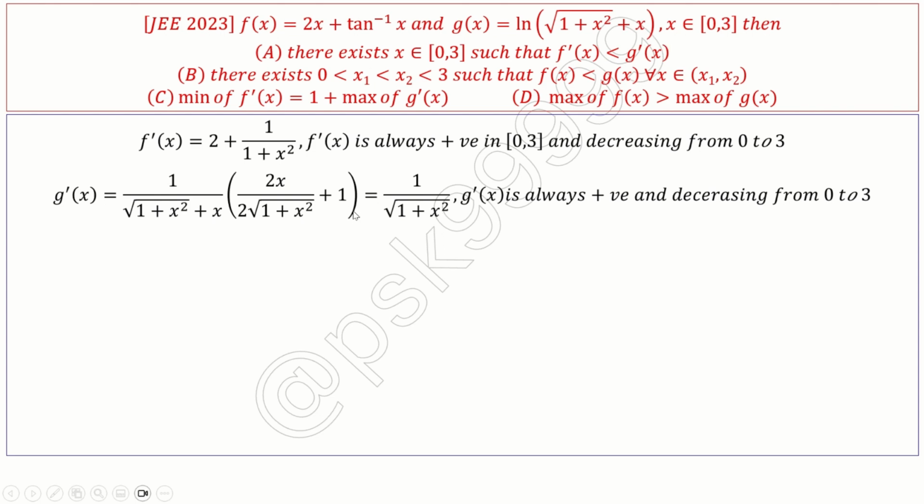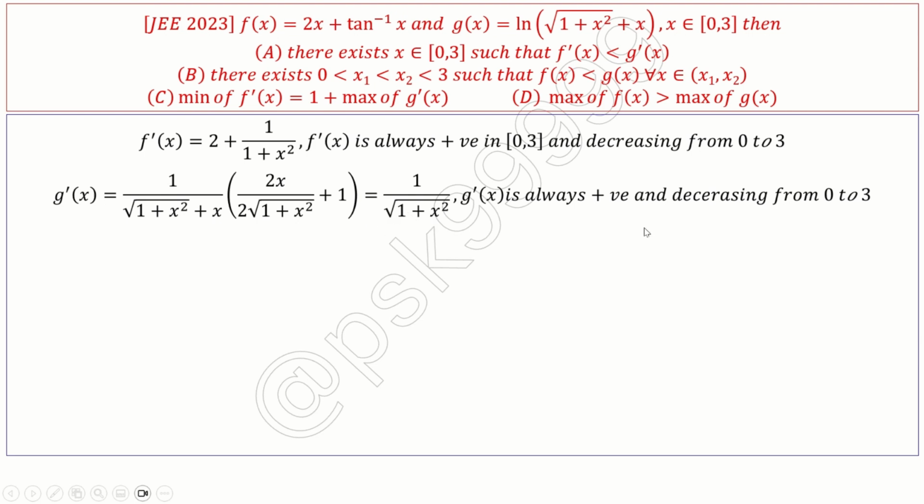If I simplify, it is nothing but 1 by square root of 1 plus x square. So g dash x is also always positive and decreasing from 0 to 3, because it is 1 by some positive value, so it decreases as the denominator increases.